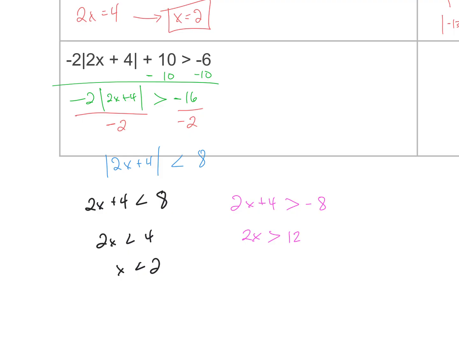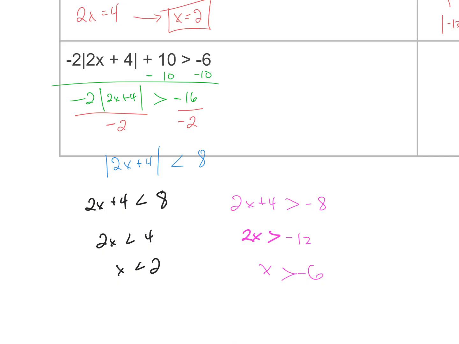No. So here's what I did. I interrupted myself, trying to make sure I was getting all my details, and I got that detail wrong. Okay. Minus 4 is negative 12. Divide by 2, x is greater than negative 6. No, I did not need to flip anything on this one because I divided by a positive 2, right?